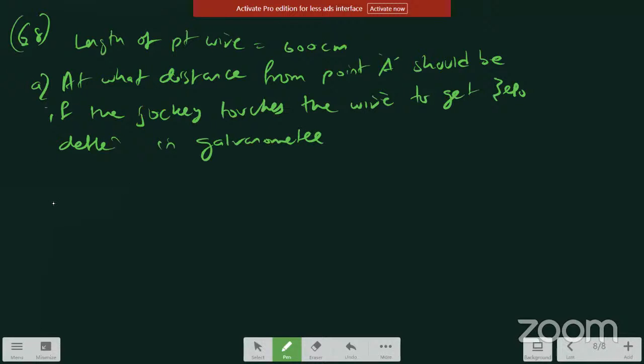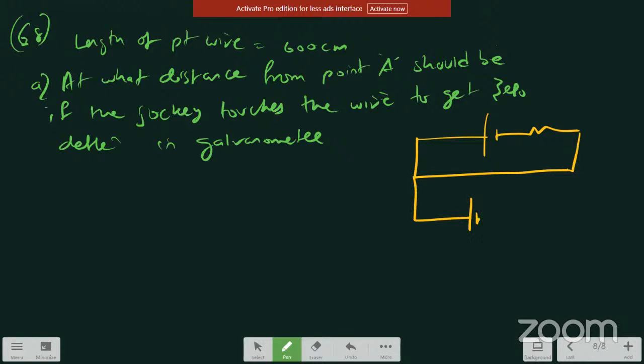I will show you the diagram. Just don't worry. Okay, the diagram is in this way.